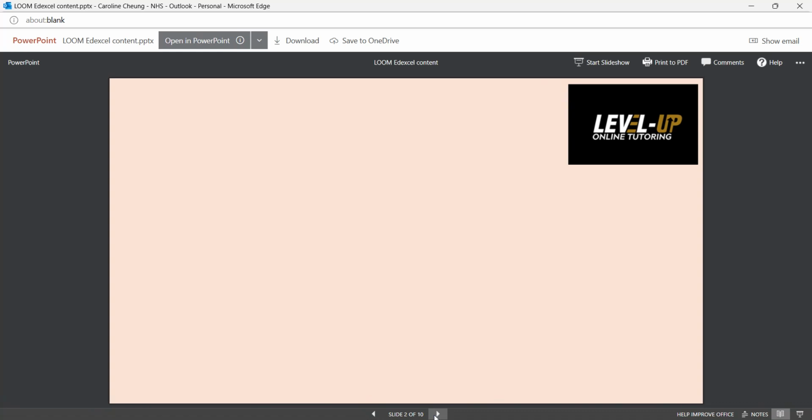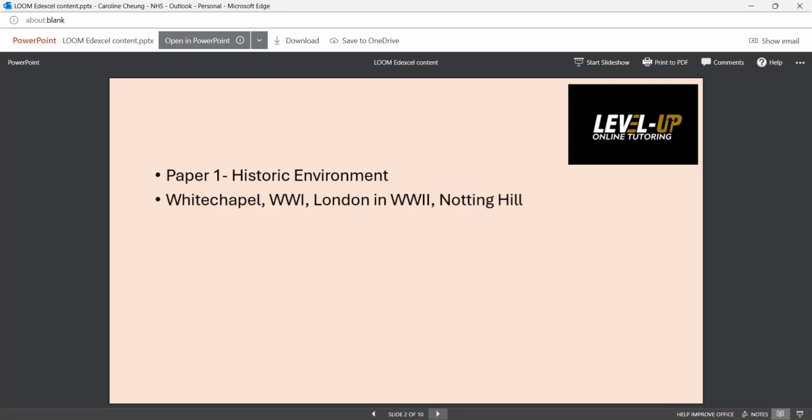So if you are Edexcel, you are actually going to do this twice. You're going to do it once in paper one, where you talk about your historic environment, so the end of the paper one. That will either be on Whitechapel, if you're doing Crime and Punishment Through Time, World War One, London in World War Two, or Notting Hill.